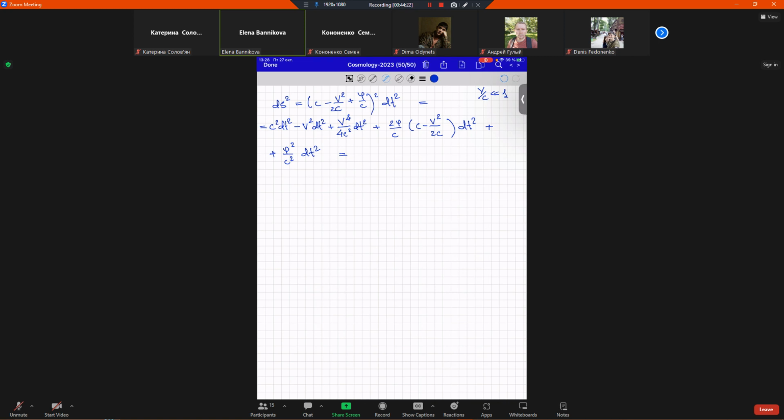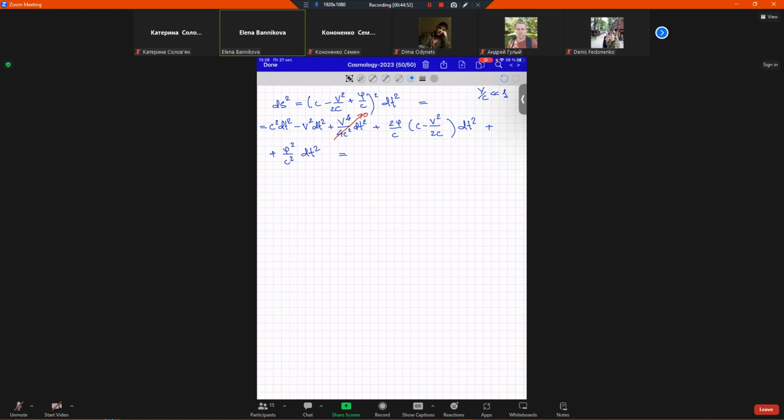It means that I don't care about the terms with a power higher than, for example, v divided by c, or even squares. So I can kill this one, almost zero, because this summand will be small.